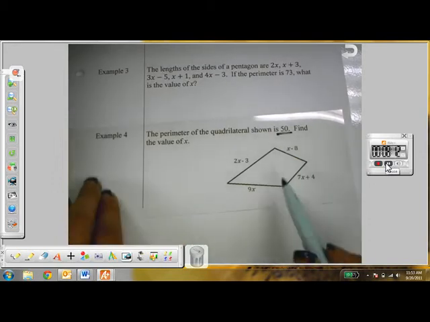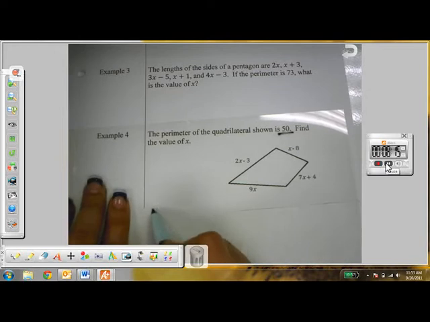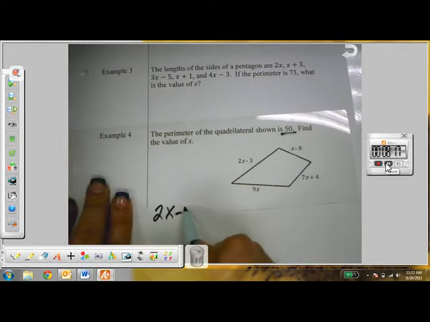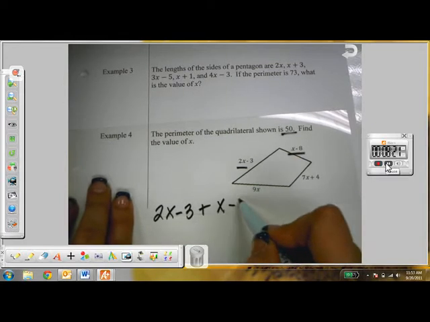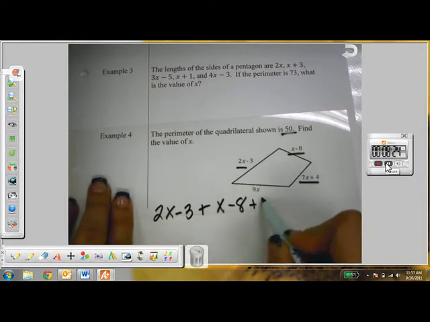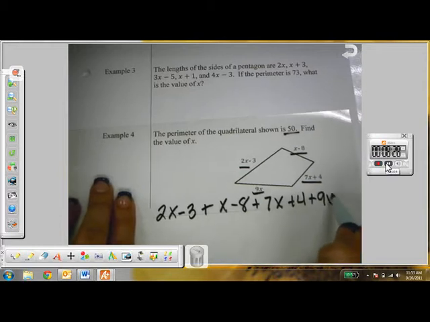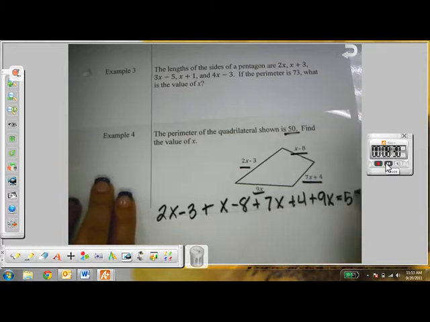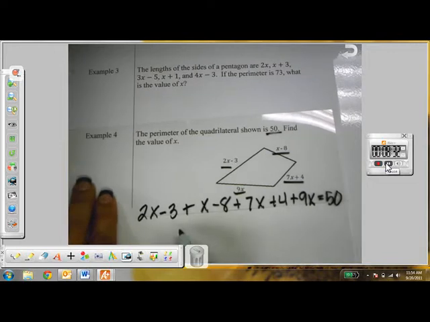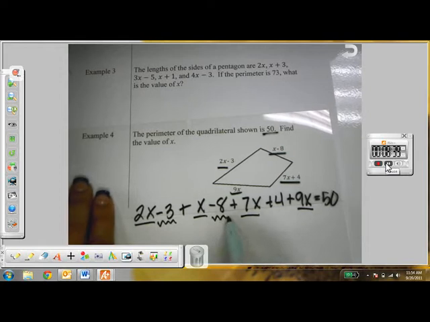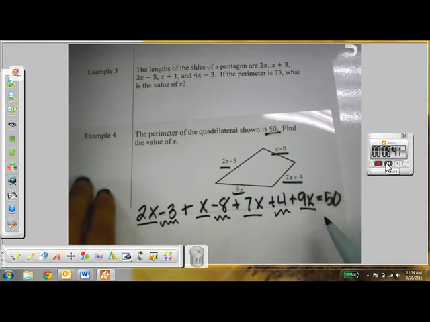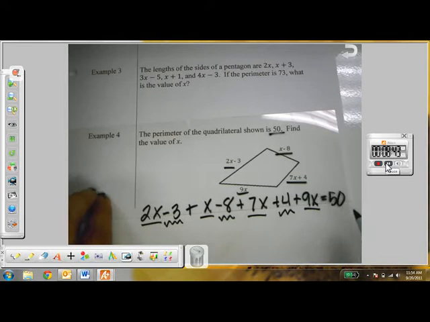I add it all up together: 2x minus 3, plus 8x minus 8, plus 7x plus 4, plus 9x, all of that equals 50. We're going to have to combine like terms here. Combine all the x's, combine all of the constants, and then solve for x. Try that on your own.